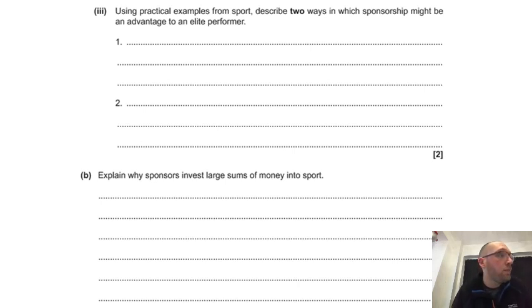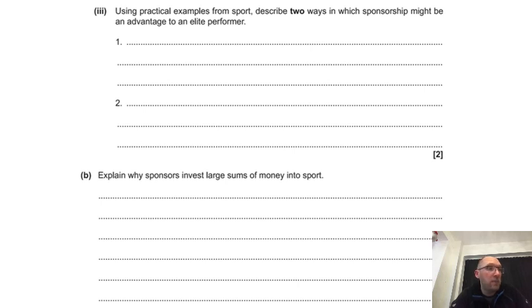So, answers which we are looking for: provides money for the performer to train or to improve, pays for coaches so the performer doesn't need to work, be a professional or enables performers to train, compete full-time, e.g. an Olympic athlete such as Mo Farah can train full-time.